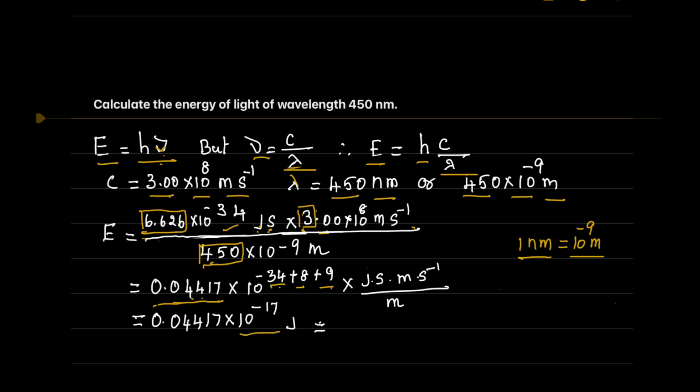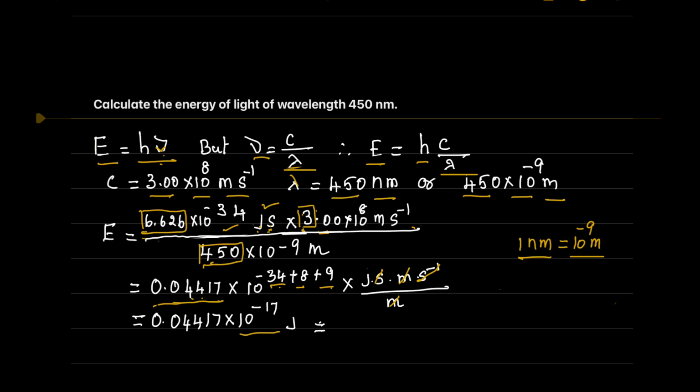And what about the unit side? On the numerator side, there is joule second, that is joules into second into meters into second raised to the power of minus 1 divided by meters. Cancelling the common terms, it is meters and second raised to the power of minus 1. We arrive at joules only.